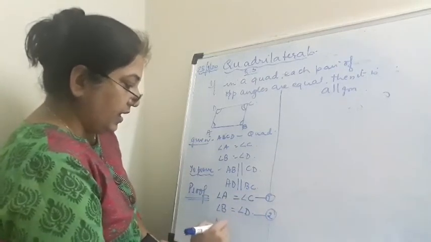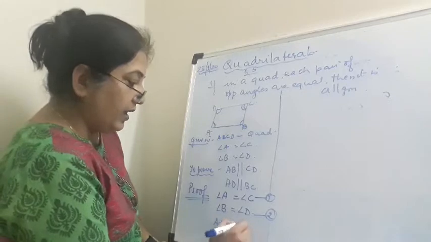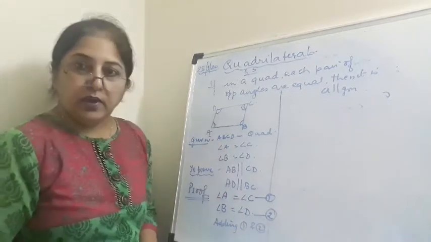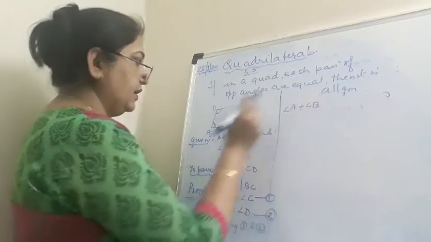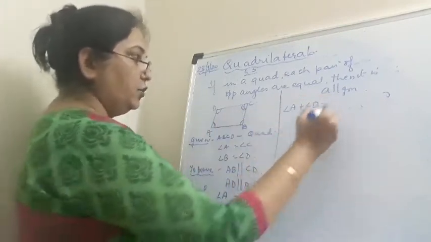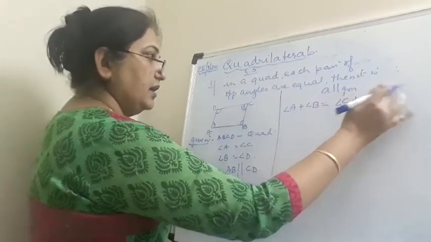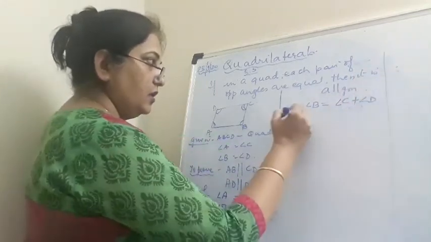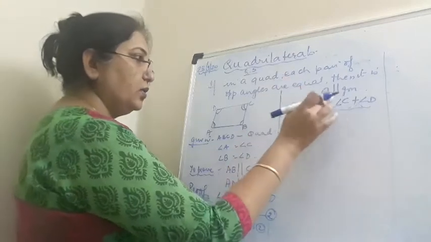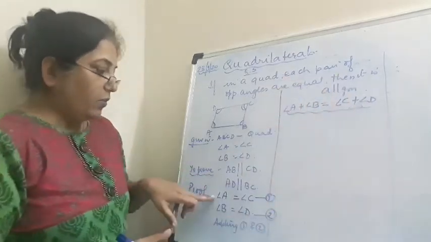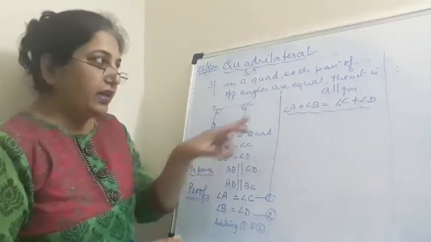We write adding 1 and 2. So both the equations, when I add, I will get angle A plus angle B is equal to angle C plus angle D. Yes, so now you have to remember this, that angle A plus angle B will be equal to angle C plus D, because by 1 and 2 when we add these two equations we get this.